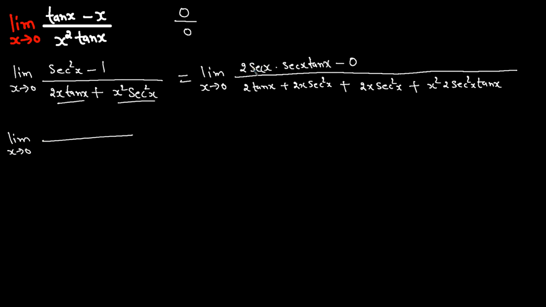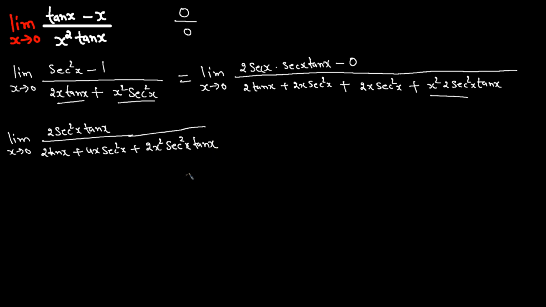In the numerator we got 2 secant squared x tangent x, divided by 2 tangent x, and 2x secant squared x, 2x secant squared x gives me 4x secant squared x, plus this part, which gives me 2x squared secant squared x tangent x.